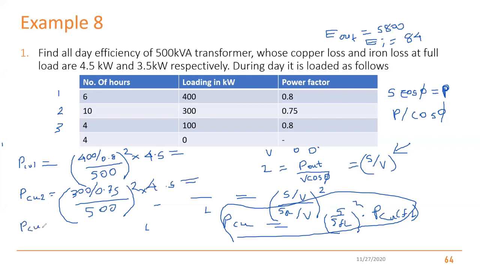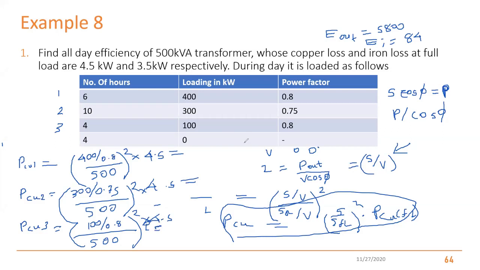P copper 3, 100 divided by 0.8, over 500, squared, into 4.5.